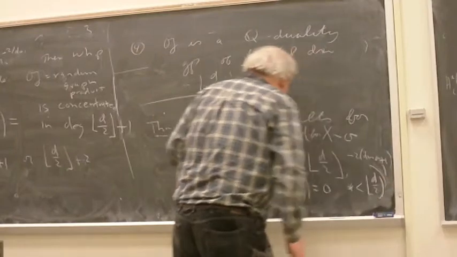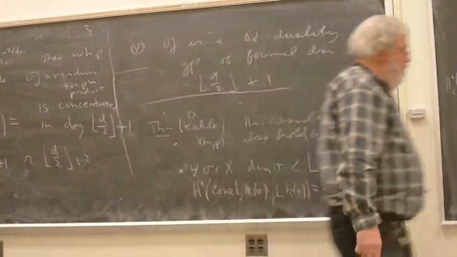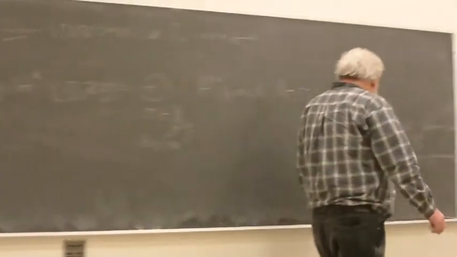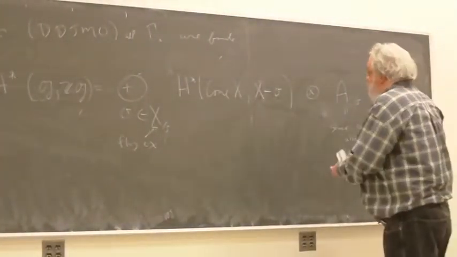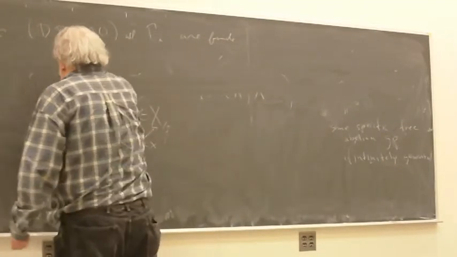Okay, something like that, in low degrees. This is what we needed to prove results about infinite groups. Maybe I'll just state what happens. The cleanest case is for right-angled Artin groups.